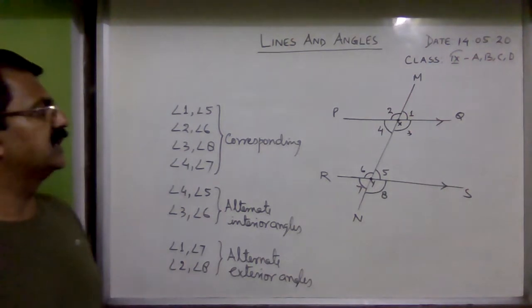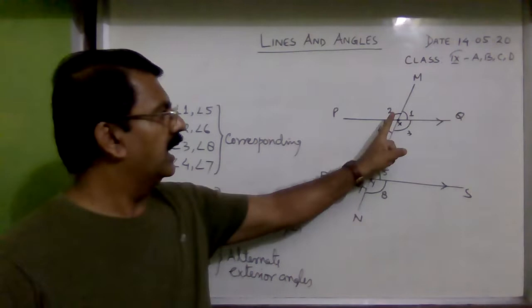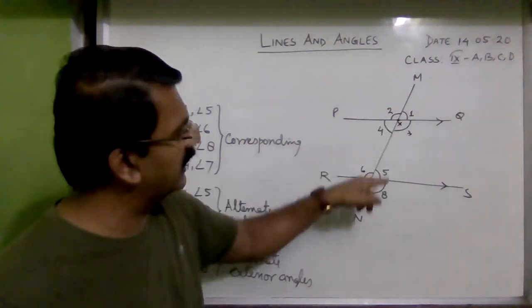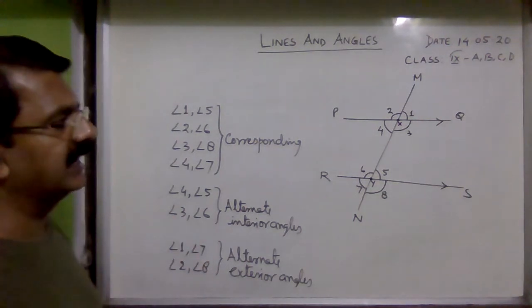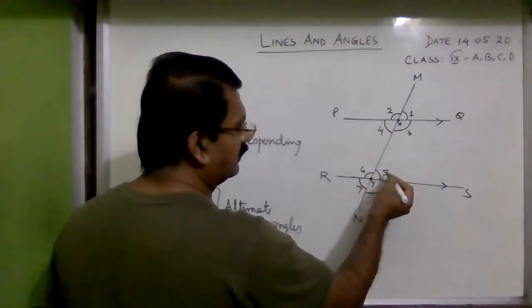I repeat, angle 1 and angle 7 are alternate exterior angles. Angle 2 and angle 8 are also alternate exterior angles. Clear?